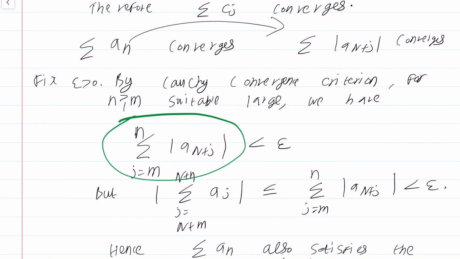Now it must be 100% obvious to you that whether a series converges or not does not depend on the behavior of the first 10, 100, 1000 or 100,000 terms. It depends only on the behavior of the sequence beyond something.